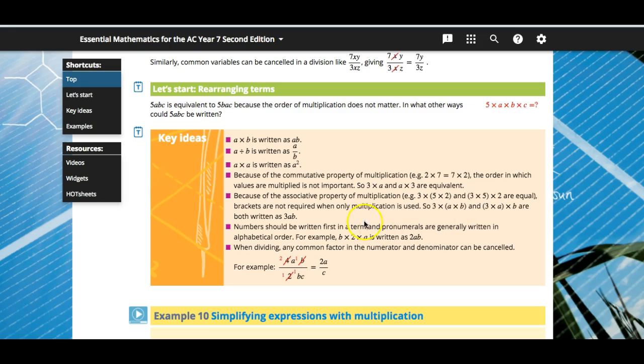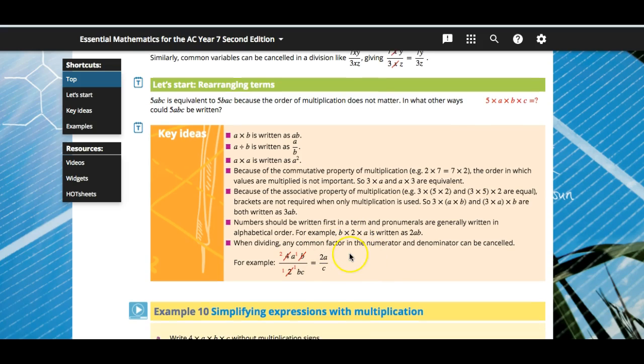So it doesn't matter about brackets when you're multiplying. Here it's just saying numbers should be written first, pronumerals second. Yes, I've already said that. And let me just see the last one. When dividing, any common factor in the numerator and denominator can be cancelled. So basically it's just saying here that you should give your answer in the most simplified form.